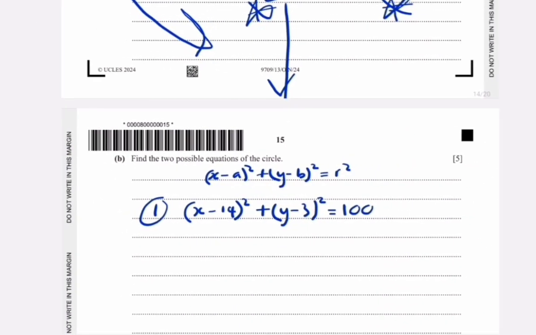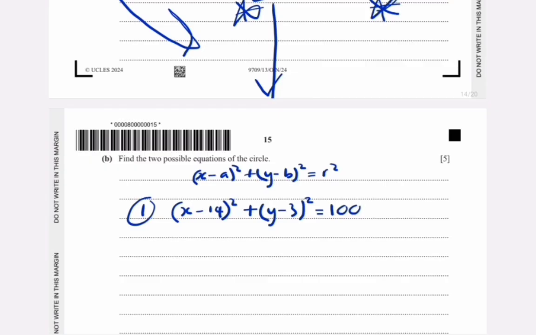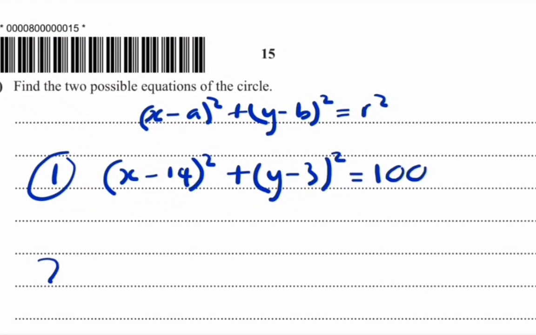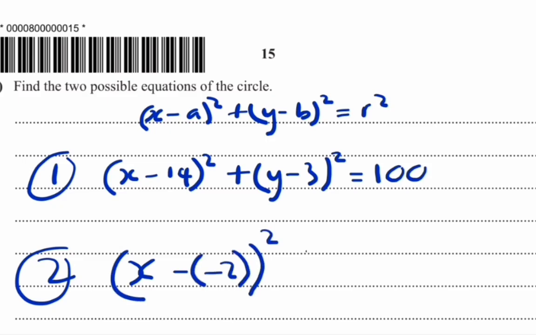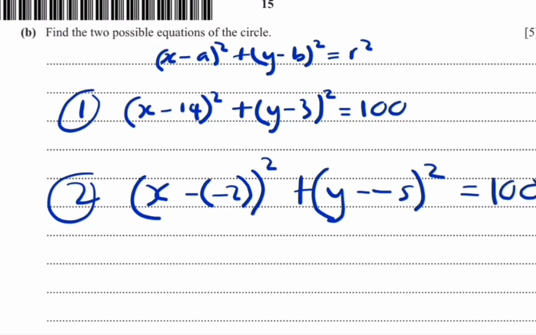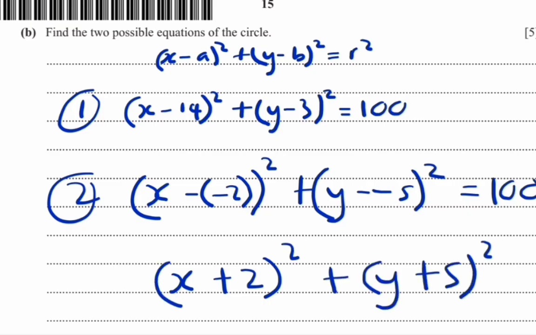And for the second one, just going to use the other one, minus 2, minus 5. So that's x minus minus 2 squared plus y minus minus 5 squared being equal to 100. Simplifying it, we get x plus 2 squared plus y plus 5 squared being equal to 100.